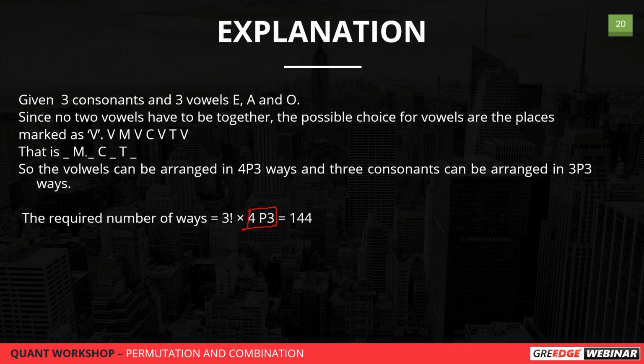Because vowels should not come together, I have 4 places but only 3 vowels. I can fill it by 4P3 ways, and arrangement is also possible here. Got it now, everyone?